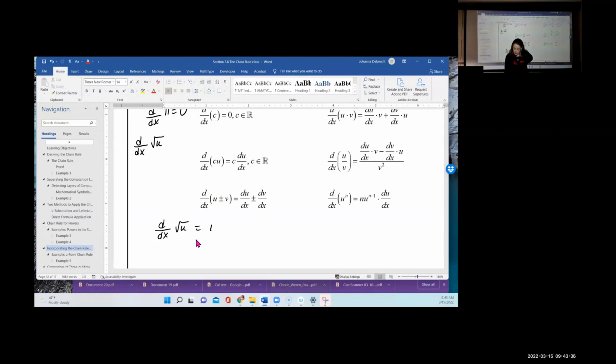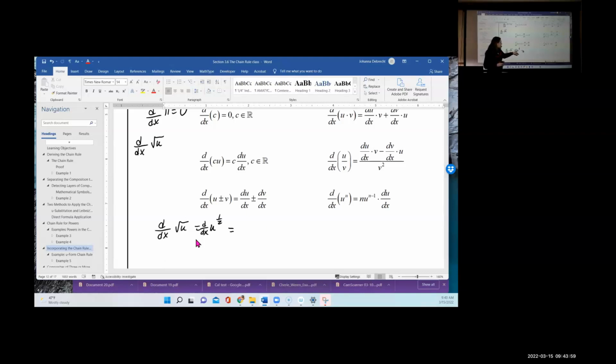We can write this as u to the 1/2 power and then take the derivative of that. Remember, the 1/2 power represents the square root. Fractional exponents are actually roots. And the denominator tells you what kind of radical it is. And the numerator is the power like it normally is.